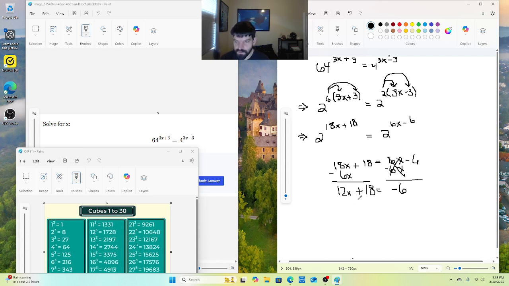And then we will subtract 18 from both sides, again being careful with your subtraction of negative numbers here. So this cancels out on the left. We get 12x is equal to negative 6 minus 18, which is negative 24. Finalizing my solving of x, I divide both sides by 12, and x is equal to negative 24 over 12, equaling negative 2.